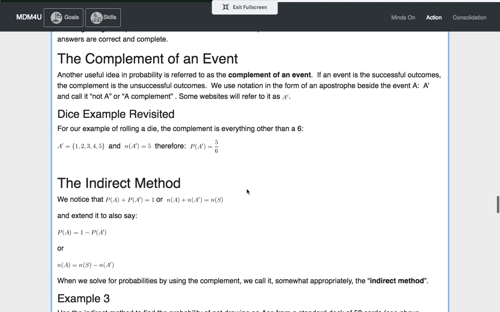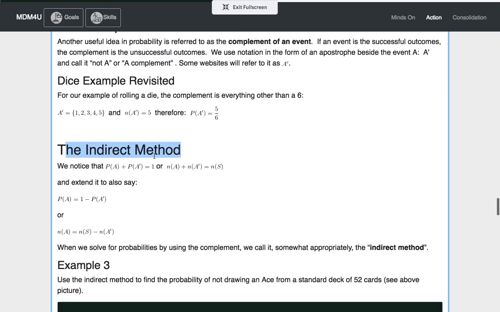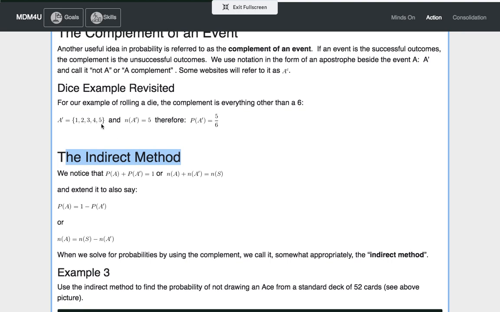And then eventually we get to something called the indirect method. So the indirect method is when you do the complement of the event. So instead of writing A, we write A primed, or in this case, A complement. Some other websites refer to it as A^C for the complement. So the A complement is anything that is the opposite of what you want to occur. So we want 6 to occur, like rolling 6, but 1, 2, 3, 4, 5 is the complement of that.